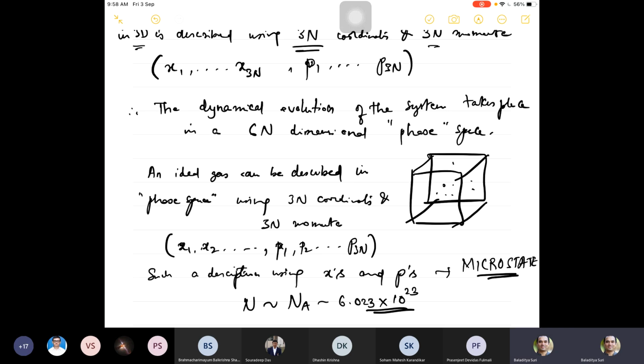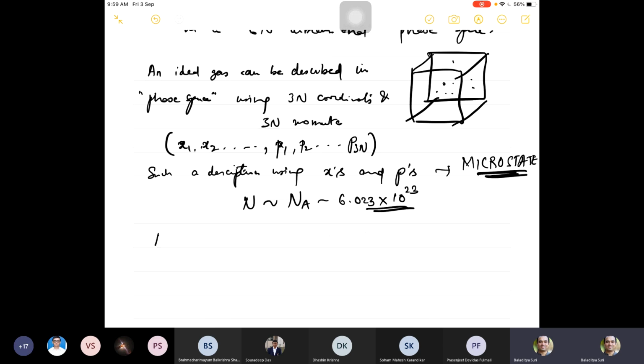Okay, so while we have written in principle a microstate like this, it is very intuitively clear to us why we need a description in terms of a macrostate.